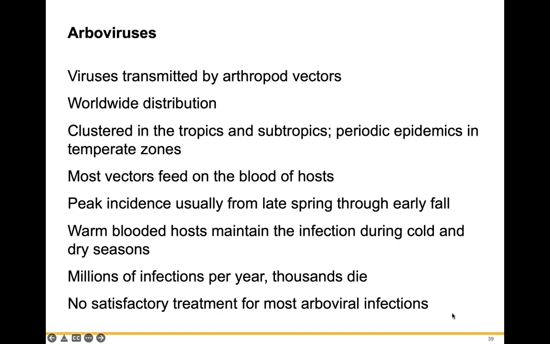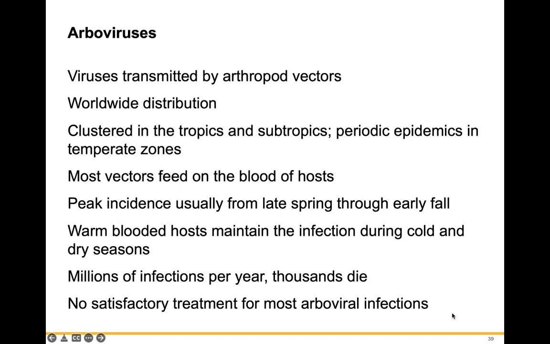Now, your arboviruses, these are called arboviruses because they're transmitted by arthropod vectors. You do have pretty worldwide distribution of these. They are clustered in tropical or subtropical regions. You oftentimes will see periodic epidemics, especially in temperate zones.